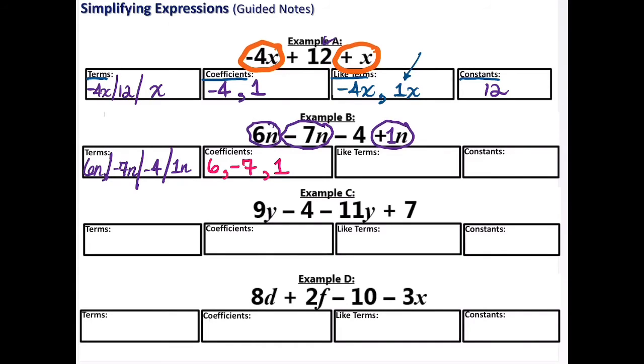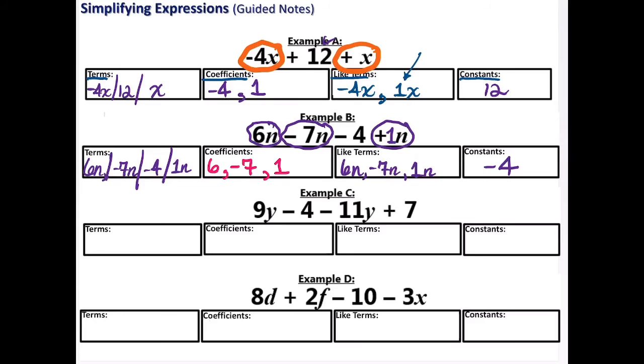So there's 3 like terms in this example right here: 6n, negative 7n, and 1n. Now, you don't have to worry about adding them or subtracting them. We're just right now putting them down and making sure we know what part of the expression is what. And then the constant is the number that does not have a variable attached to it as a factor. So the only constant in example B is negative 4.